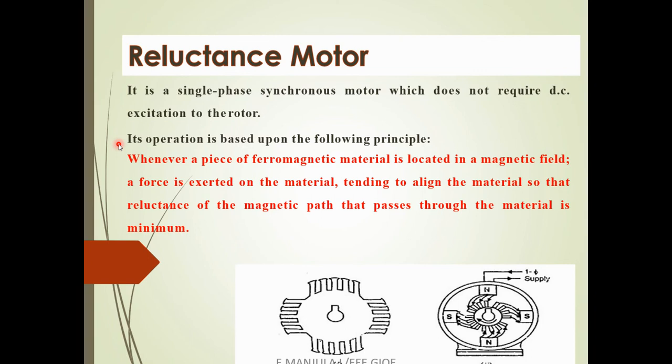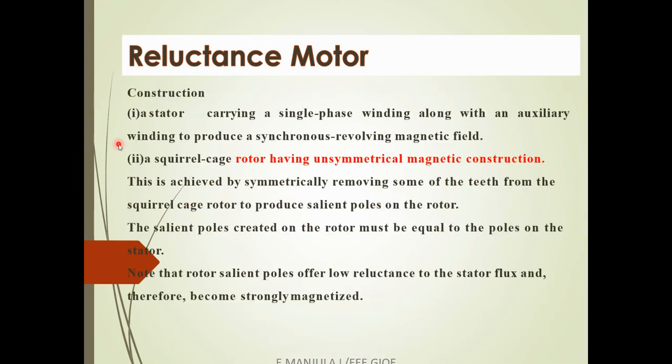So likewise it will operate. The construction is a stator carrying a single phase winding along with an auxiliary winding to produce a synchronously revolving magnetic field, and a squirrel cage rotor having unsymmetrical magnetic construction.